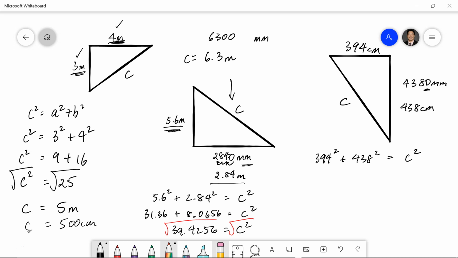And so 394 squared is a very, very big number. Actually, what we'll do, I'm going to continue with this and I'll show you why I want to make it smaller to begin with. So we'll go 155,236, and then 438 times 438 is 191,844.